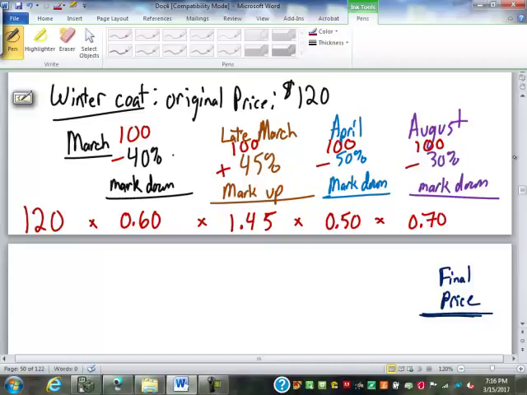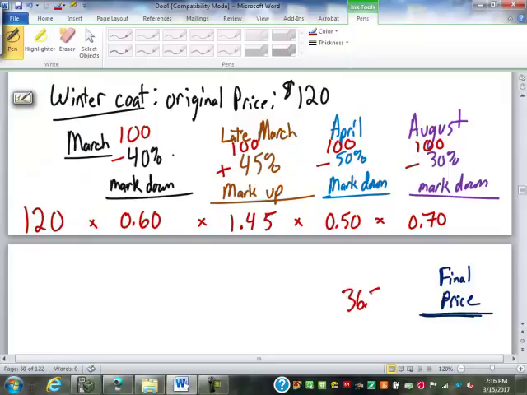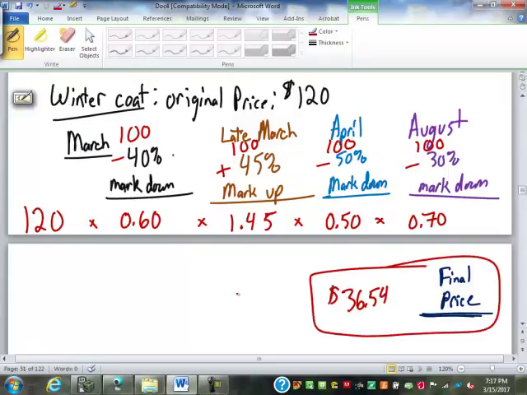So all we have to do to find that final price is just multiply across there. 120 times 0.6 times 1.45 times 0.5 times 0.7. $36.54 would be the final price after all that action.